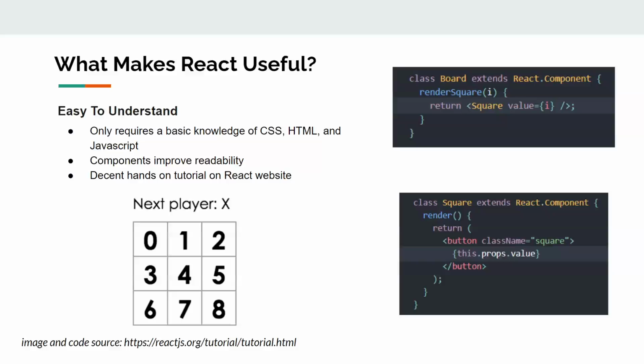If you look on the right here, we can see a class Board on the top. And this isn't the full function, it's just a small component of it. But this renderSquare method calls another component, Square, and passes a prop value i into it. On the bottom, you can see that Square component, and it's rendering and returning this.props.value, which is the value that was passed into it by the Board class.